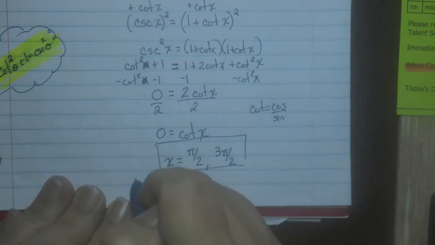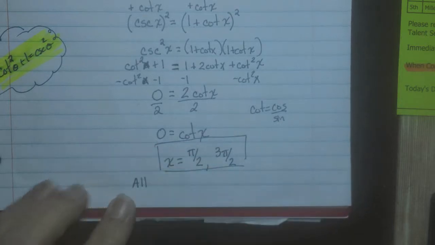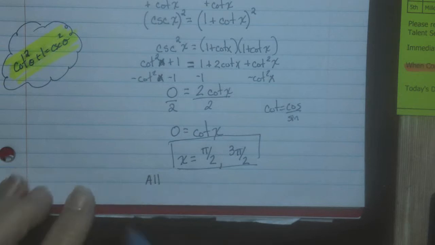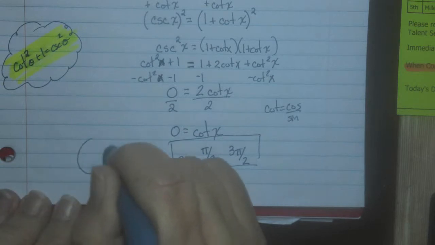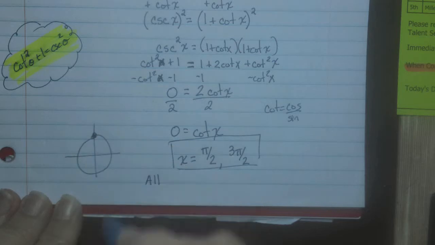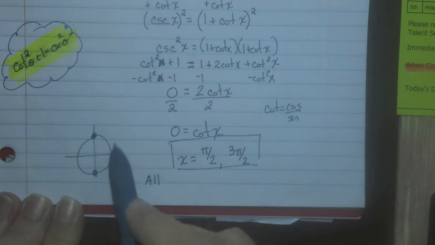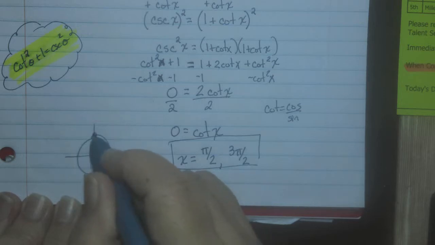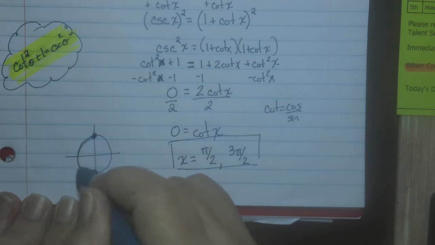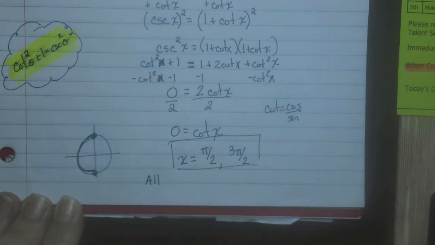Now, what if they said all solutions? All right, let's look at our unit circle, what's happening here. Pi over 2, and again at 3 pi over 2, right? And every time you go around, you're going to hit an answer. So what's this distance from here to here? Pi.